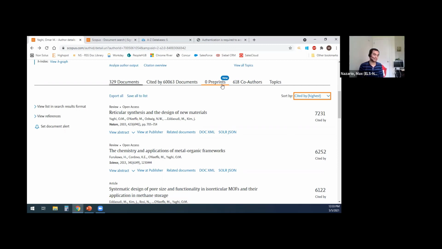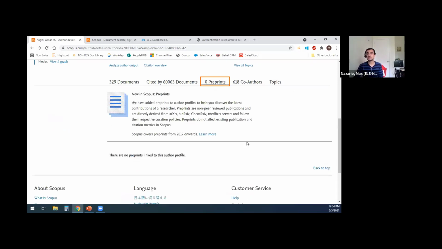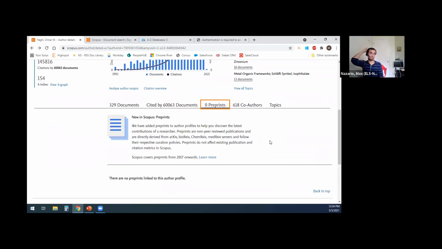It's essentially similar in form to a research article. However, rather than being submitted to a journal and published by that journal after going through peer review, preprints are able to be published publicly on a preprint server such as SSRN, arXiv, or bioRxiv, and anybody who has access to that server can then access those. Recently, Scopus began including preprints on author profiles. They are not searchable, as full disclosure.